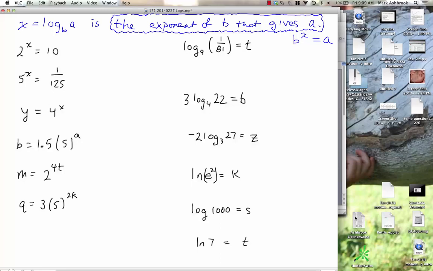All right. Compare with the person next to you. See if you're doing it right. Troubleshoot. You got a question?